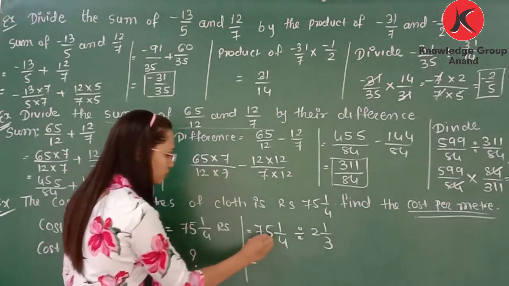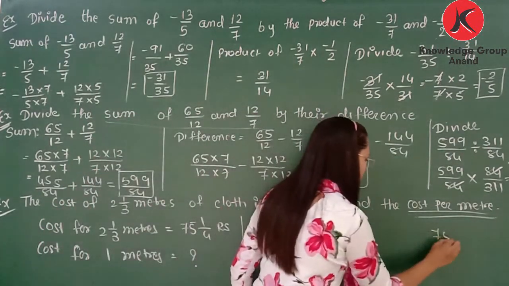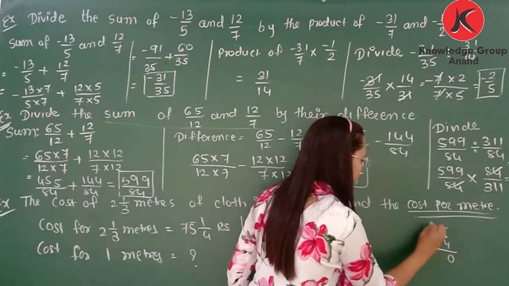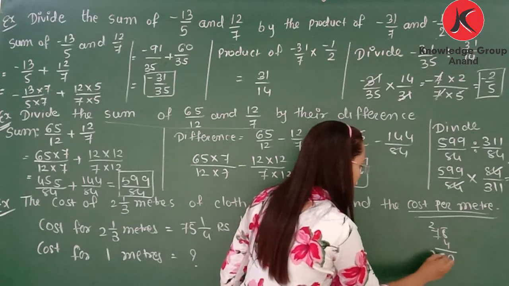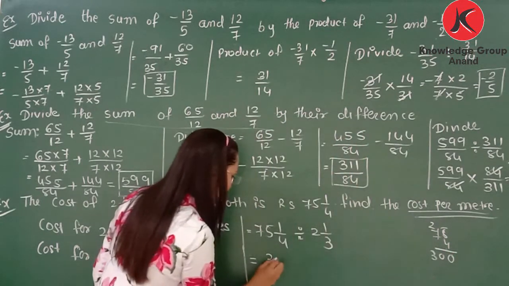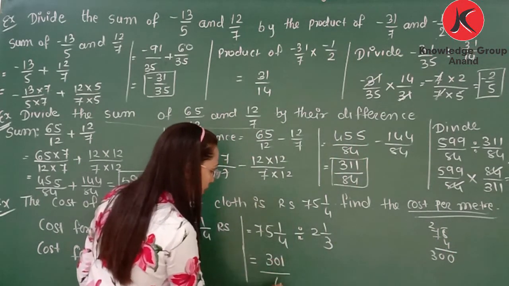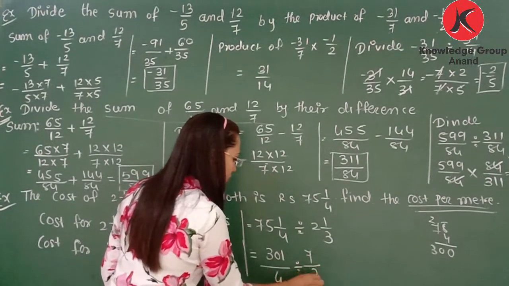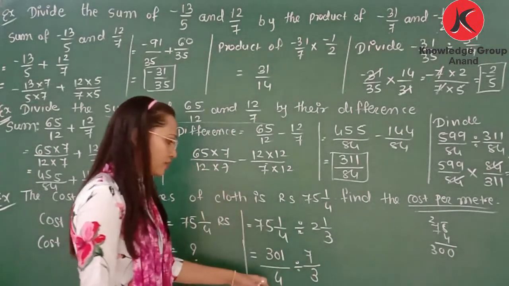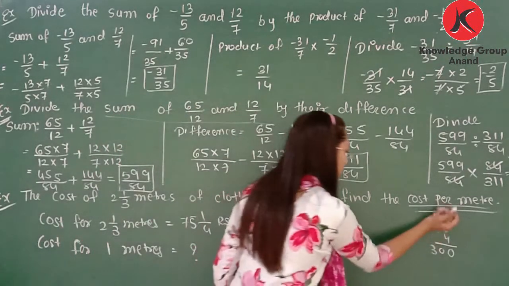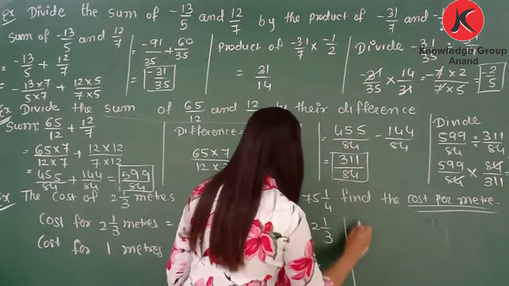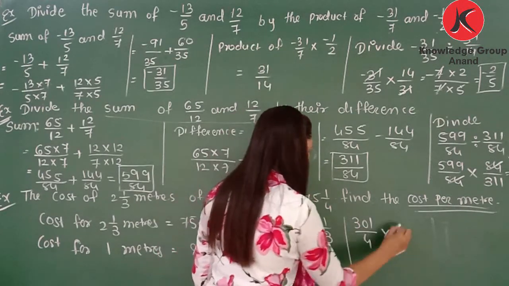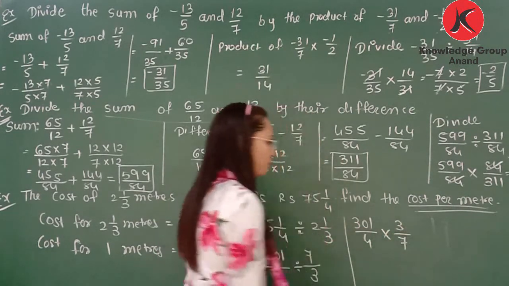So here we have 75 4s are 300, plus 1, 301, divided by 4, divided by 3 2s are 6 plus 1, 7 by 3. Now to find the division, write the reciprocal. 301 by 4 with 3 by 7.